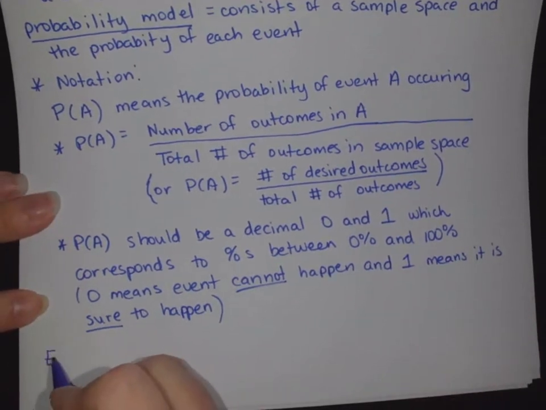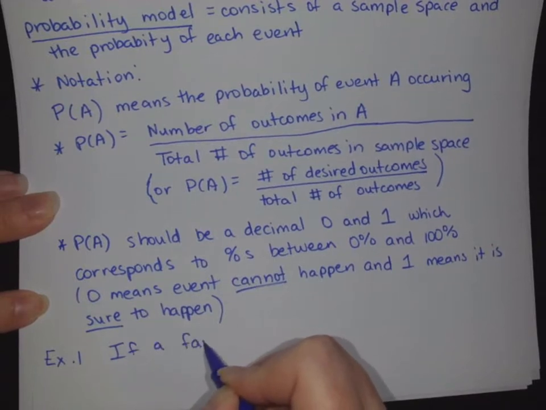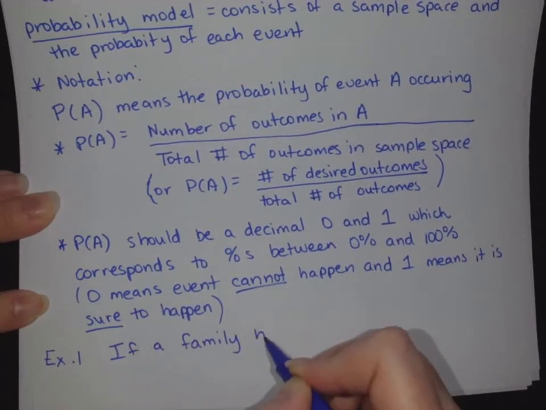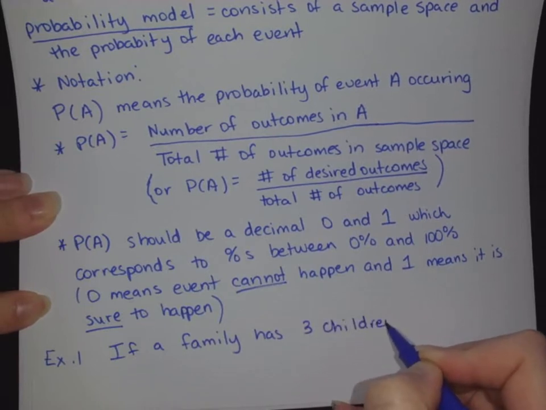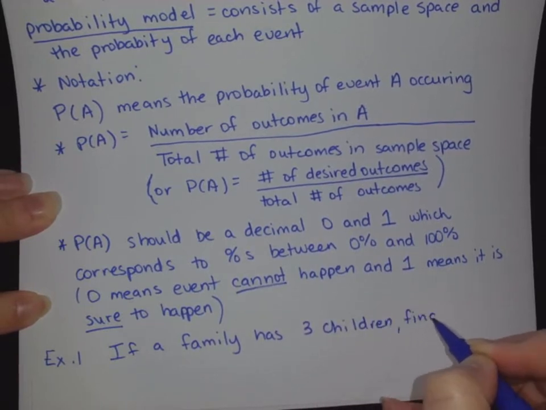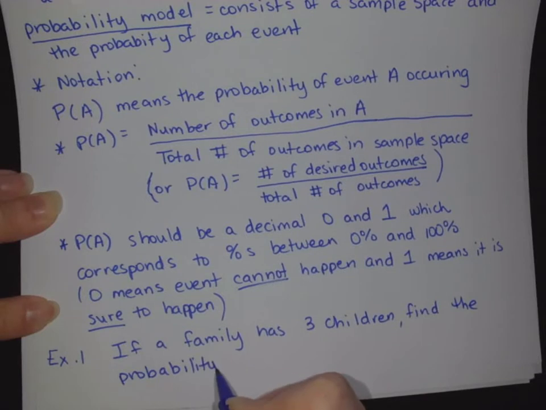All right, so let's go ahead and look at a couple examples. Let's say that a family has 3 children, and I'm going to ask you to find the probabilities of some events.